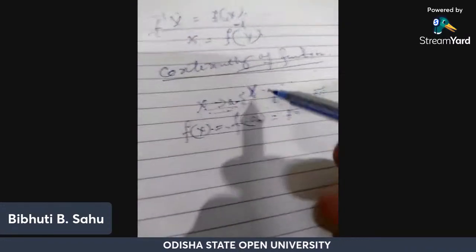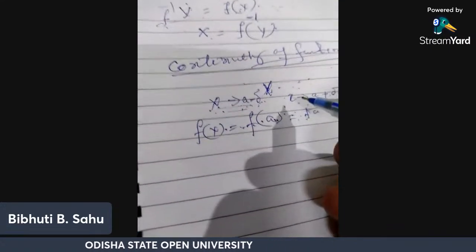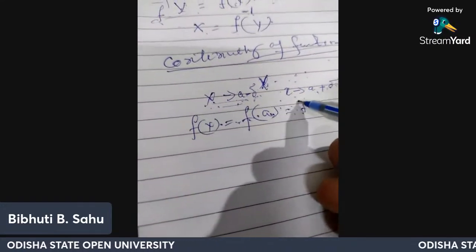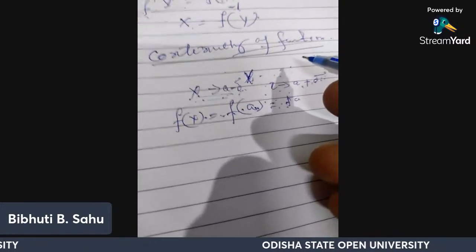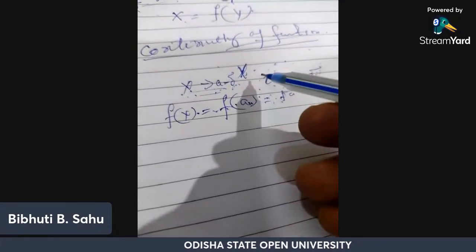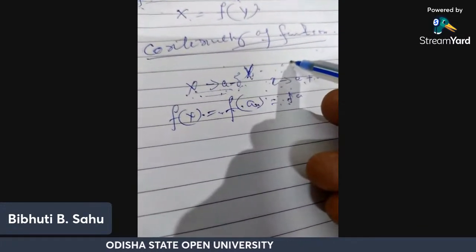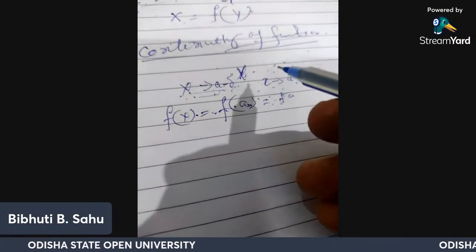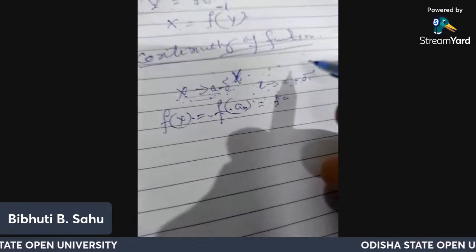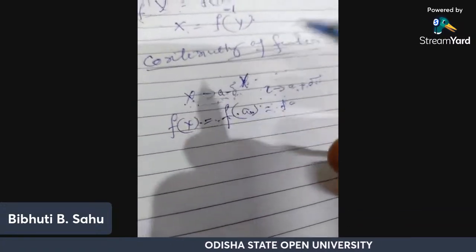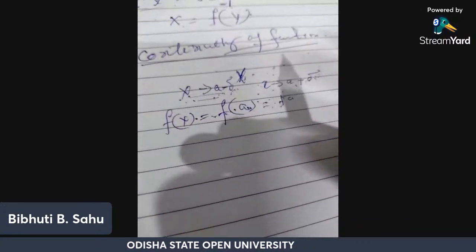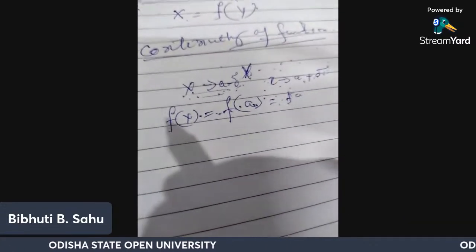And this continuity of function is required because we have to calculate the change in the dependent variable by some marginal change in the independent variable, or what we say derivatives, that is the ratio of incremental variables.